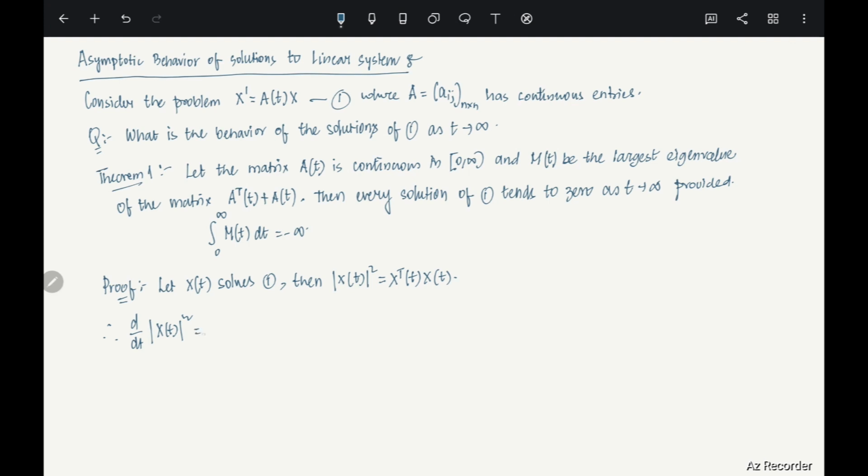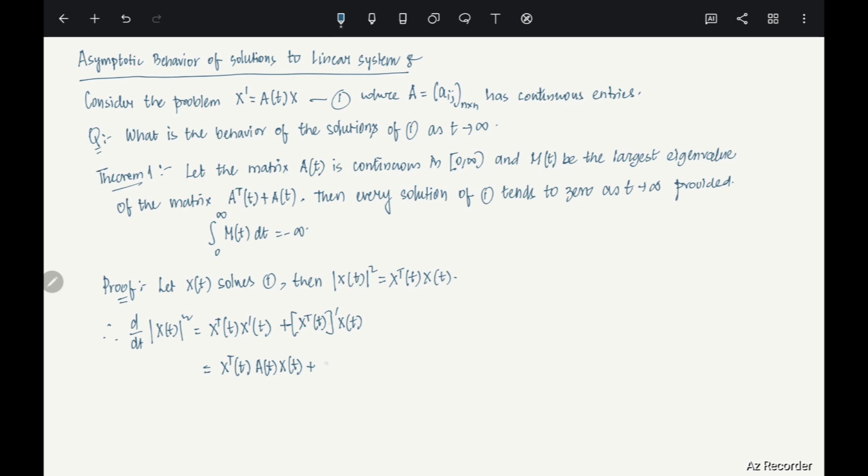This is nothing but x transpose of t times x prime of t plus the derivative of x transpose of t times x of t. Is this okay? And then that will imply that x transpose of t, you see, x prime of t is nothing but A(t) times x, right? So it is A(t) times x of t plus this part, x transpose of t prime, right?